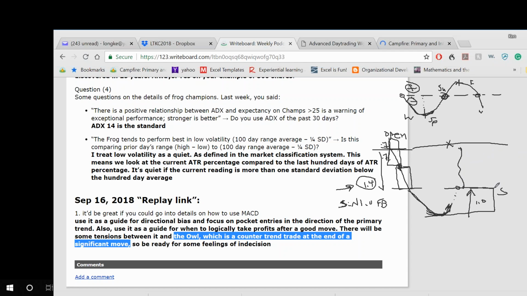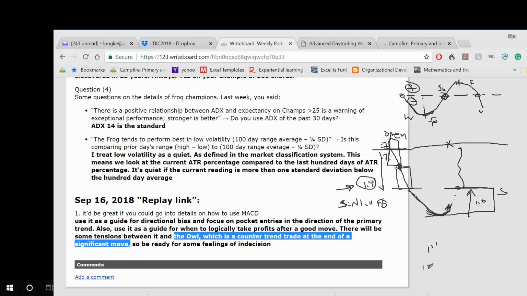The owl is going to typically get in before it hits this 1.0, but it doesn't just buy a 1, 2, 3, which is like the earliest reasonable entry.